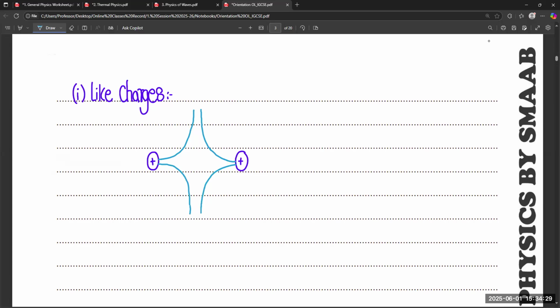In the same way, you have to draw the curved field pattern this time because of repulsion. So this is the pattern for the field lines. All are moving outward because both have positive charges, so the direction of field lines will be outward.